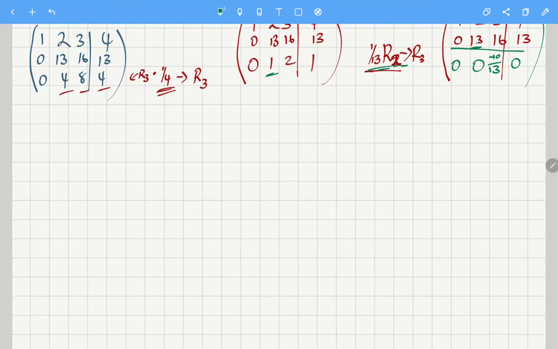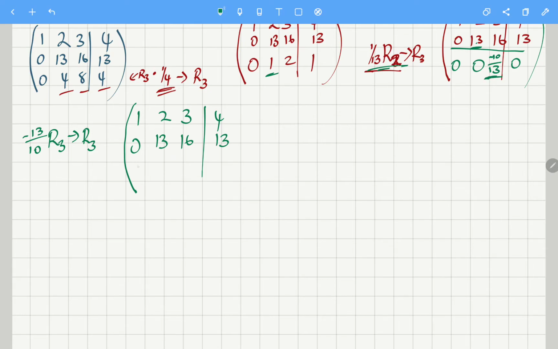Okay, and moving further, I'm going to multiply minus 13 over 10 times row 3 to become my row 3. That gets rid of that negative there, so that becomes 0, 0, 1, and 0.